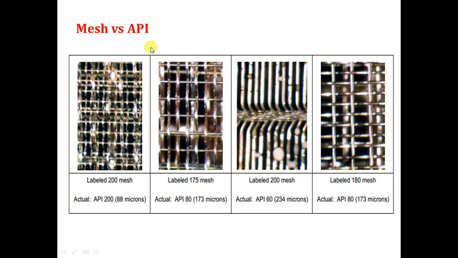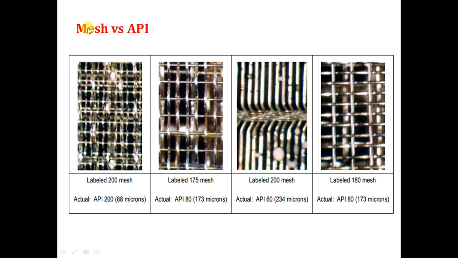Actually, the number of mesh depends on the apertures per linear inch, but the API is about the size in microns that is separated. So the API is the micron size to be separated, but the mesh is the number of apertures.